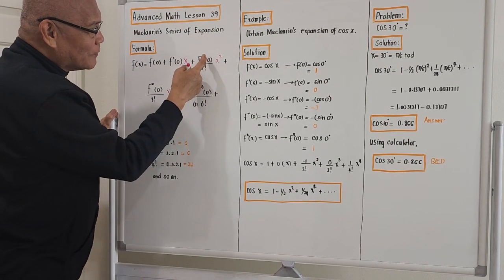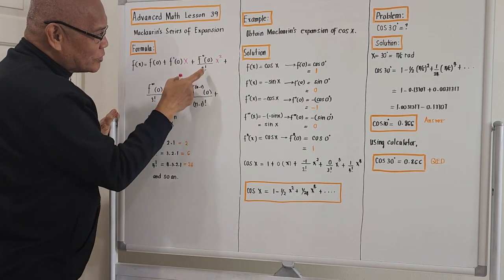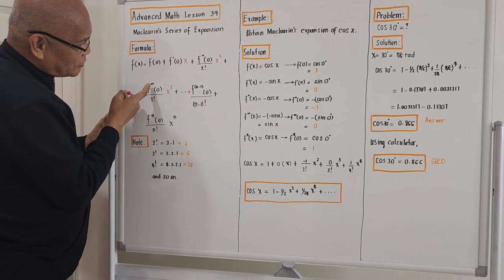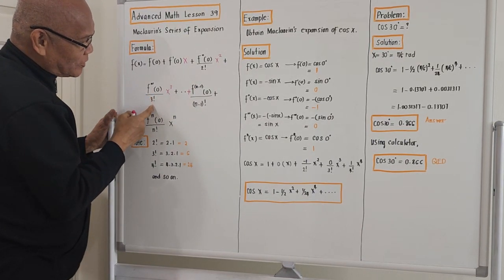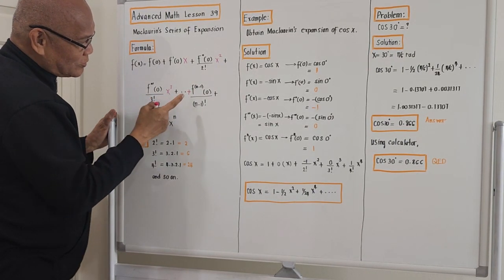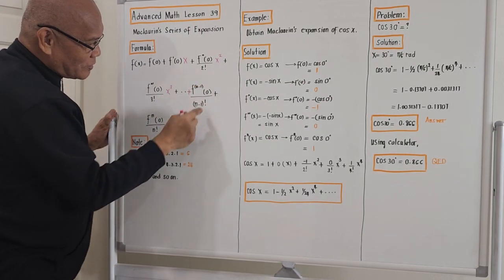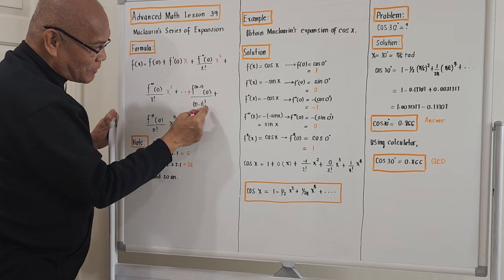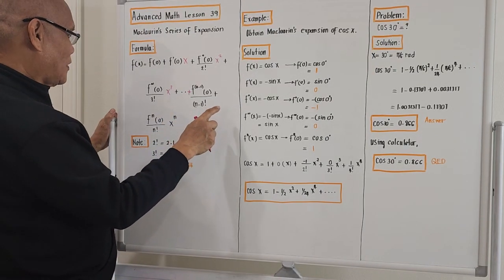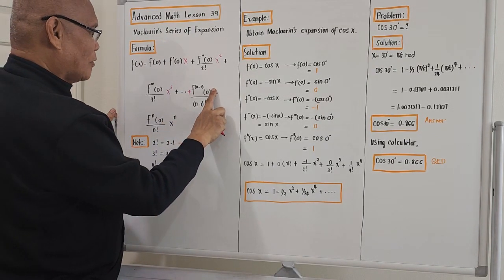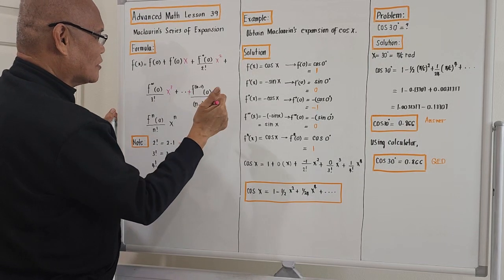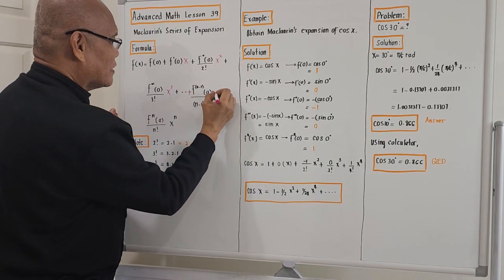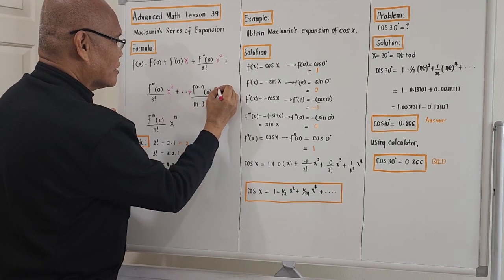Like this one here, this is 2, so this is 2 factorial. This is 3, so this is 3 factorial. So if this is n minus 1, the denominator will be n minus 1 quantity factorial, times x raised to n minus 1.